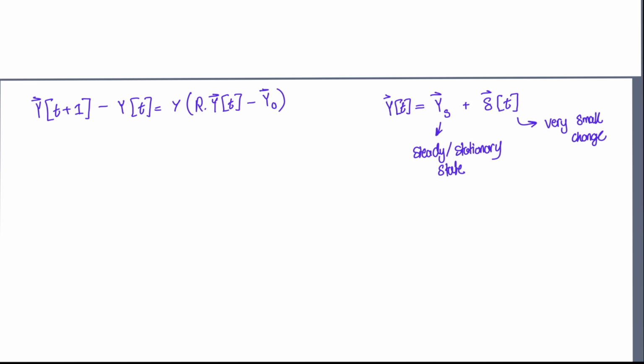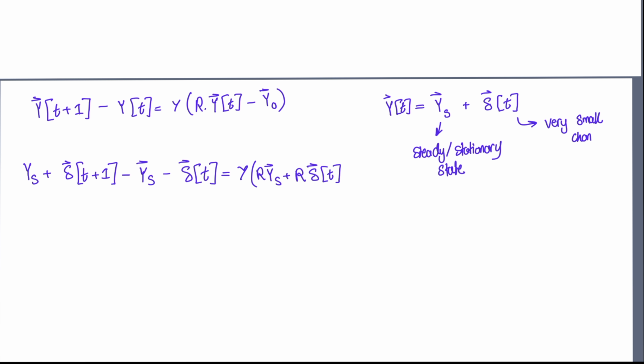So yt is equal to the steady state plus a very small change. Okay, if we now sub this equation into here, we get ys plus delta t plus 1 minus ys minus delta t is equal to gamma r ys plus r delta t minus y0.